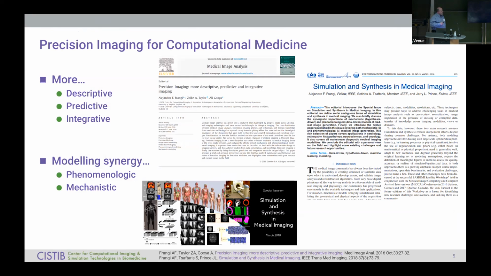So this is something we've been working on over a number of years, and we tend to call it precision imaging, which is the idea that image analytics needs to be descriptive. It also needs to be predictive, and also allow you to do integration of information. And by integration, hopefully you will see examples throughout the talk, but it's beyond just registration. By predictive, we mean beyond just being able to do a regression. And by descriptive, we mean more than just being able to do statistics on certain phenotypes or biomarkers.